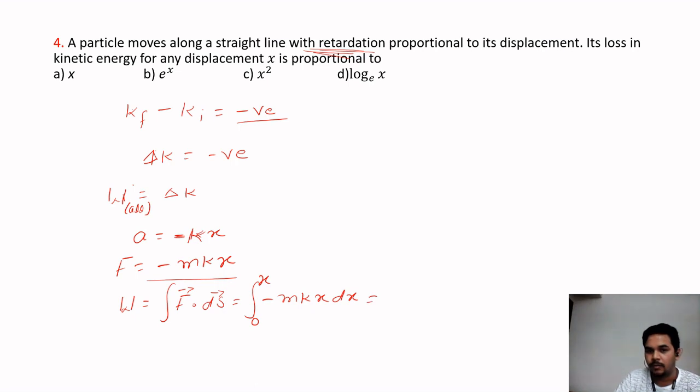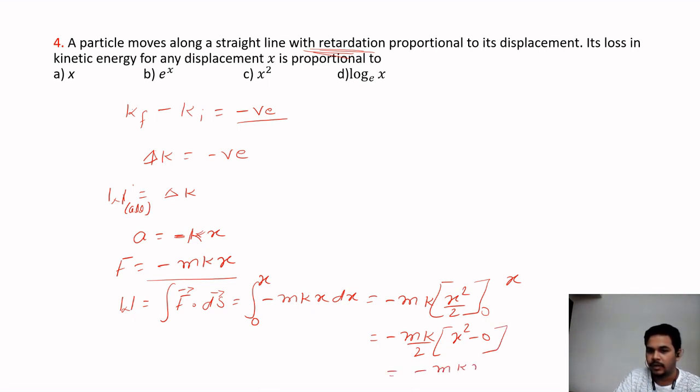Here k is the proportionality constant we are taking, so minus m k will be outside. Integration of x dx will come x square by 2, with limits 0 to x. So it is going to become minus m k by 2, let's take it outside because anyway it is constant, and upper limit x square minus 0. So how much will it come?